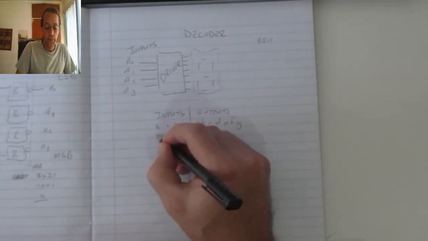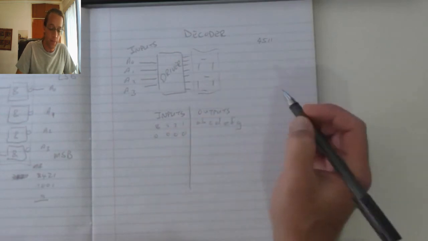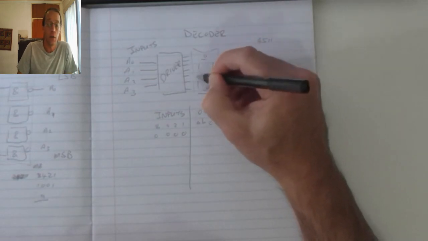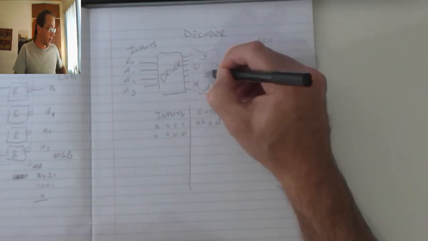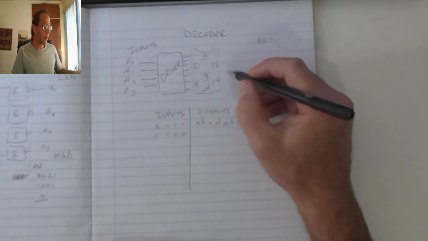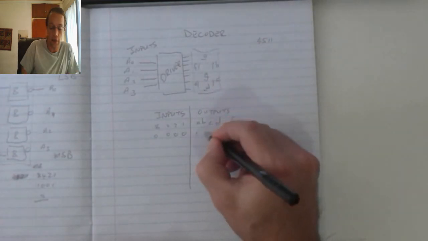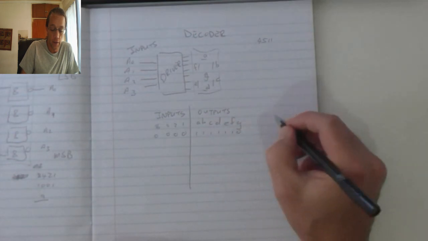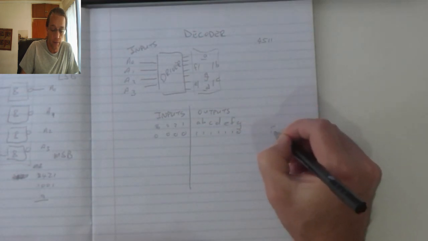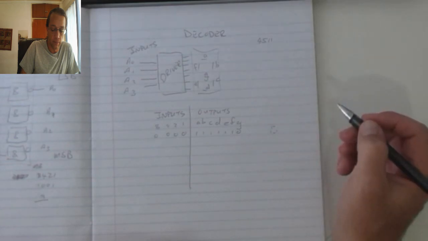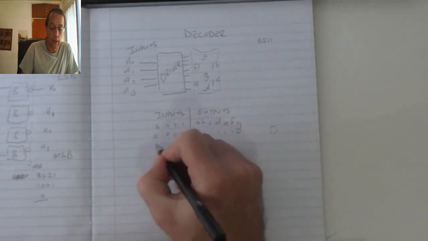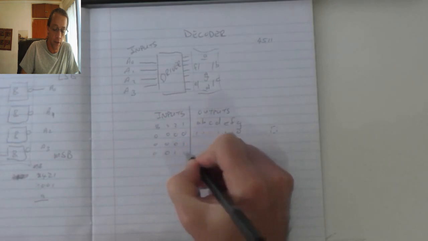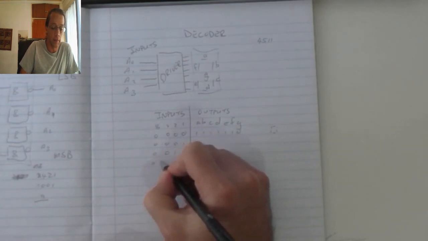If we look at zero, remember that's A, B, C, D, E, F and G. So in this case, all my outputs must be 1 except for the G, and that will then represent my 0 on the output. Same applies for all the additional inputs.